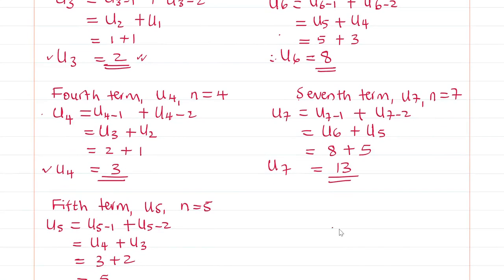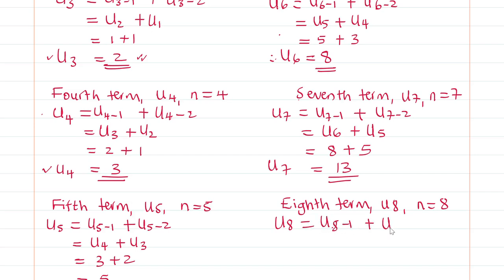And lastly, our eighth term that the question requested, that is U8. So our n here must be 8. So we just have U8 equals U8 minus 1 plus U8 minus 2.